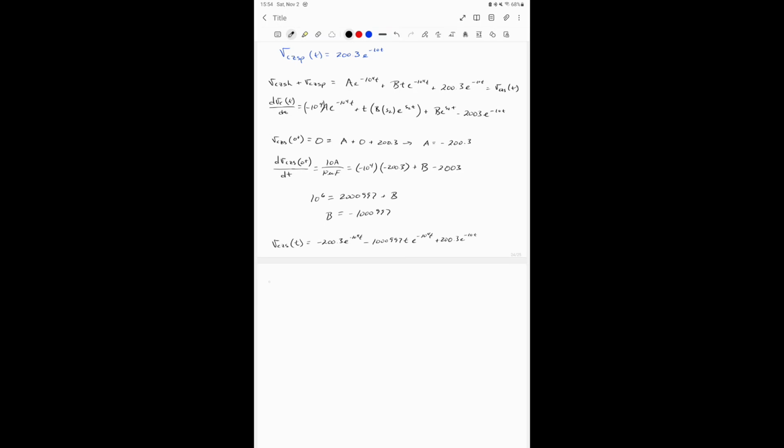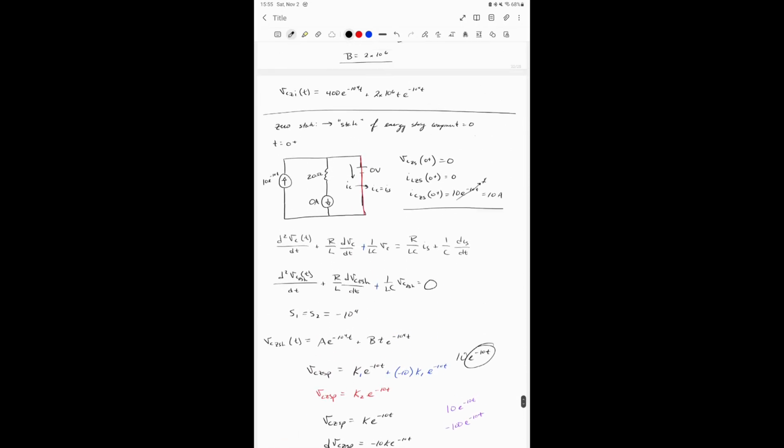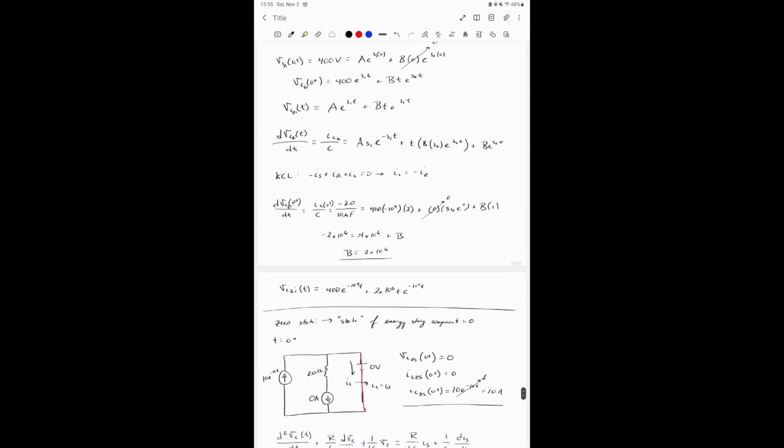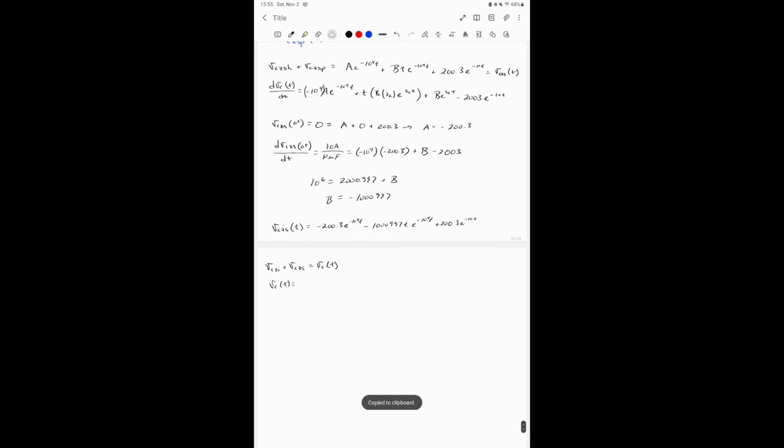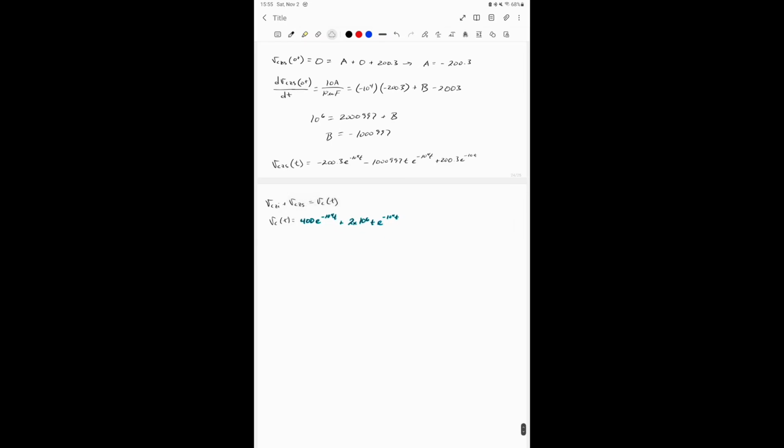Okay, and then let's combine our VC zero-input plus VC zero-state, and that's going to be equal to our VC total, which will be VC of t is equal to, the 0 input was this, and then the 0 state was this.